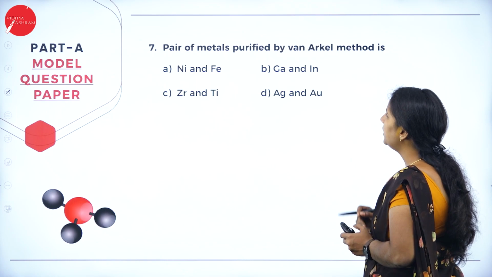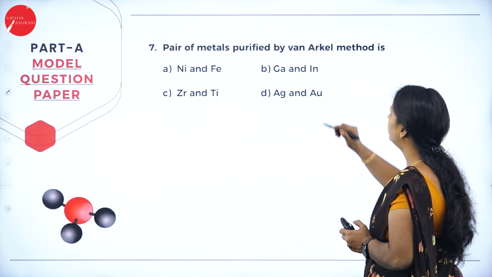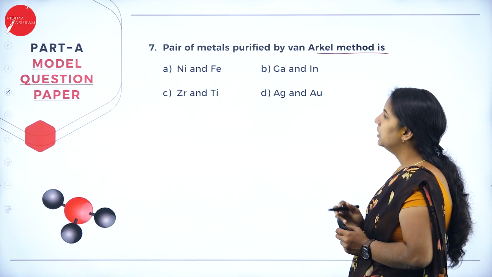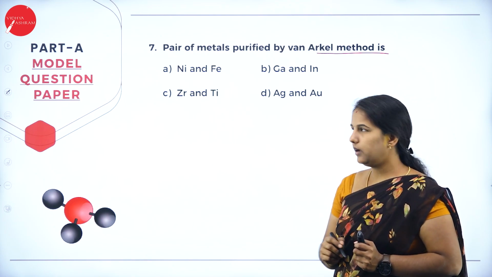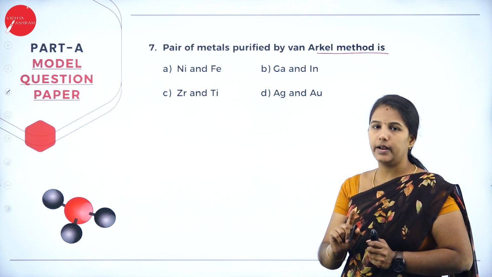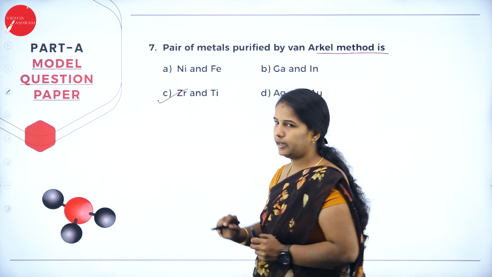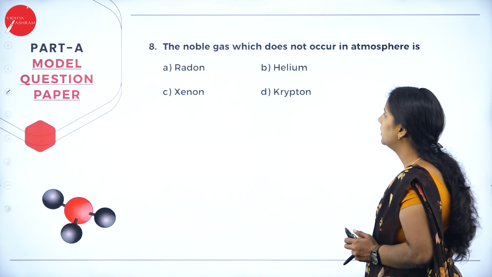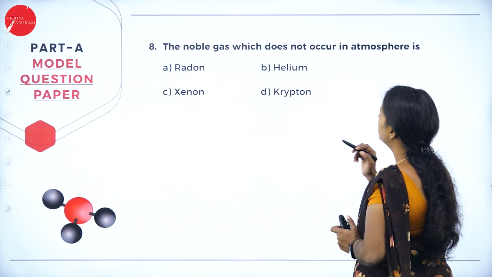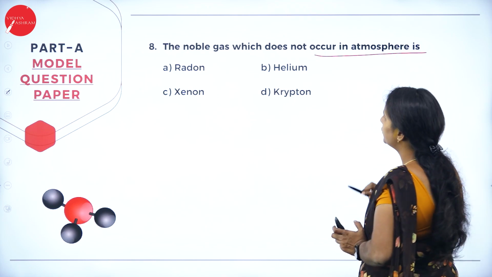Next, a pair of metals which are purified by the Van Arkel method. We know that in the Van Arkel method, we use 2 metals to get purified. One is zirconium and the other is titanium. Okay. Next, the noble gas which does not occur in the atmosphere.